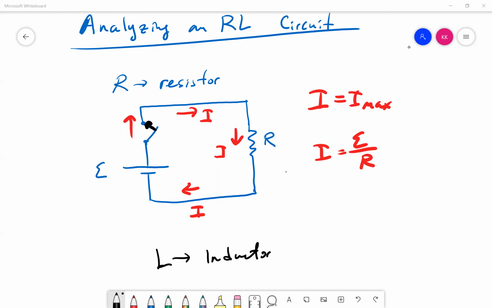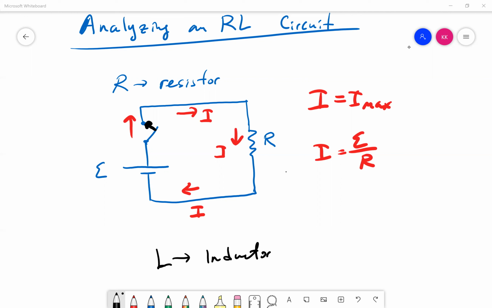This inductor is a similar device, usually a solenoid, which is just a coil of wire with some n number of turns. It's specifically designed to act like a device that opposes this type of instantaneous increase of current from zero to maximum.